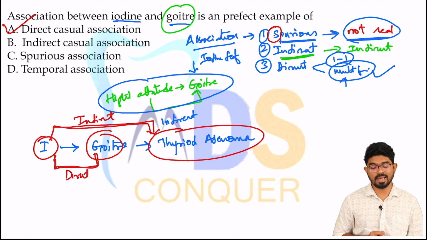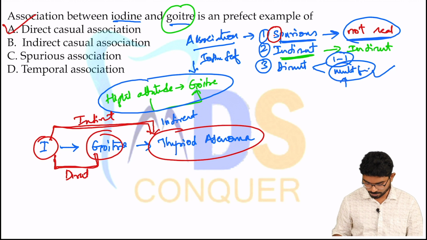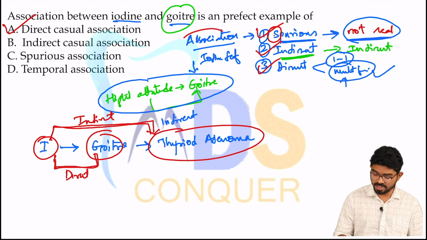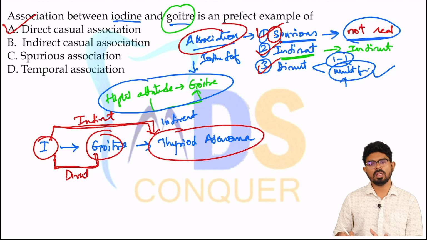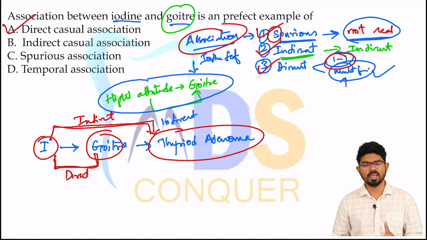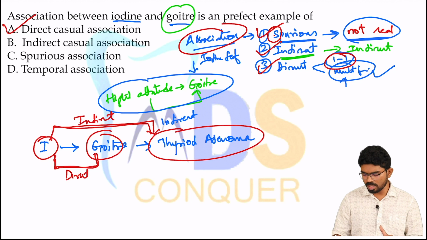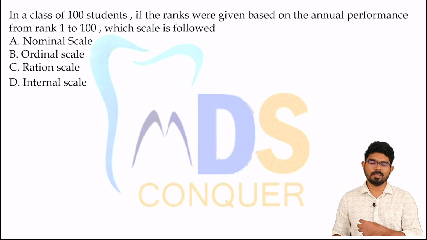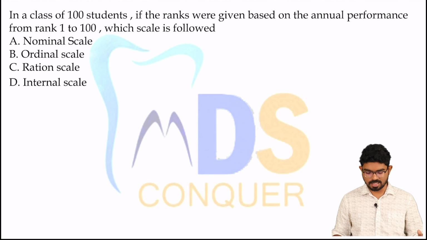Hope you are clear with these 3 types of associations and the definition of association, and make sure you learn some good examples. Okay, 1-to-1: measles virus is going to cause measles disease. That is a 1-to-1 direct association.